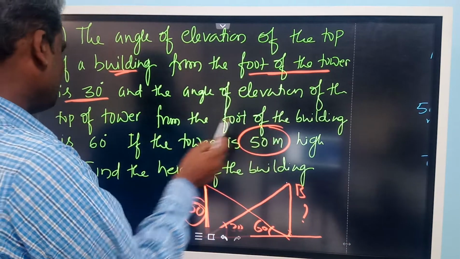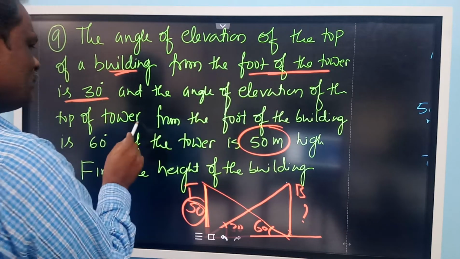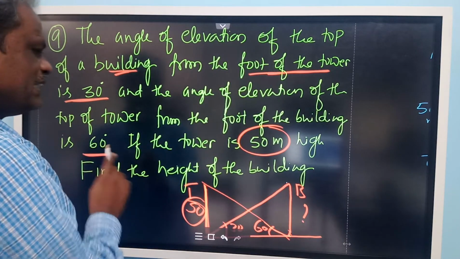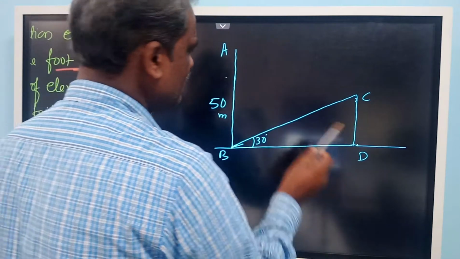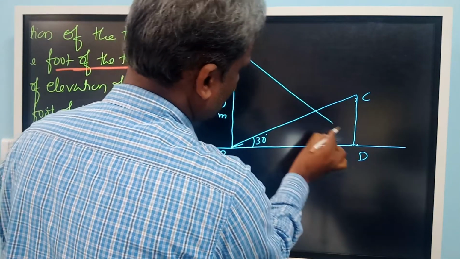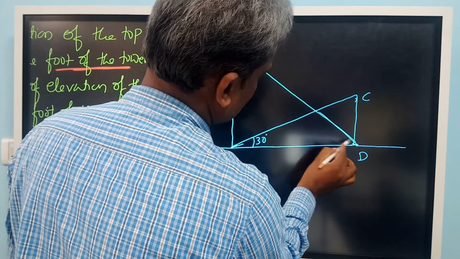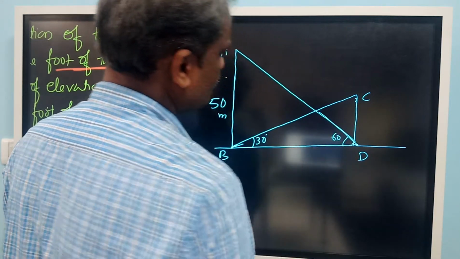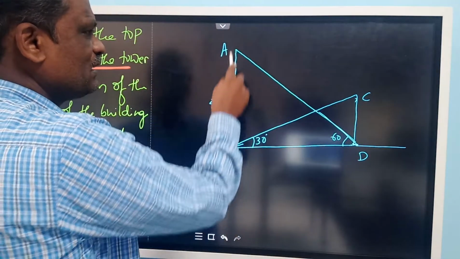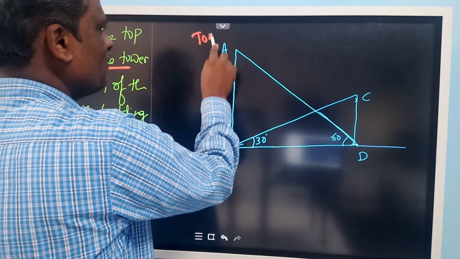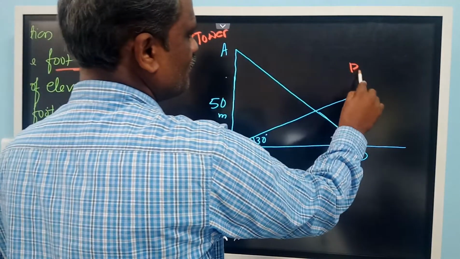When you observe the top of the tower from the foot of the building, it is 60 degrees. This side I write tower and this is building.